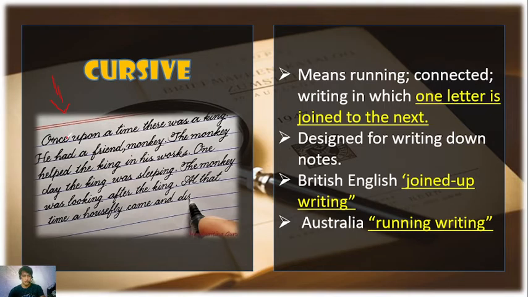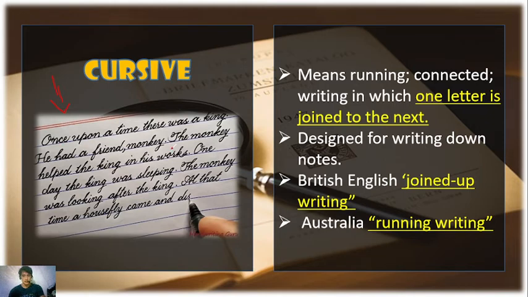This is very much useful when it comes to taking down notes, especially in lectures during your class. If the teacher is very fast in the discussion, then maybe the cursive type of taking down notes is very much useful, because you can write faster when it is connected.